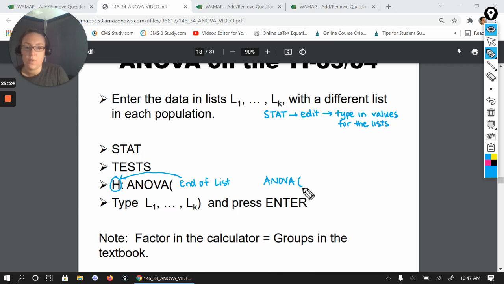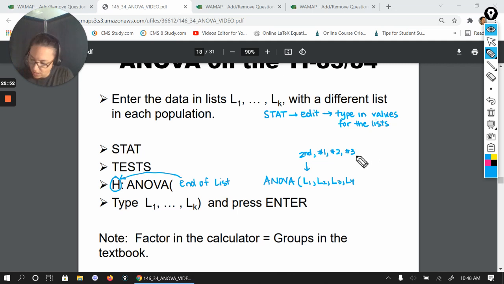And what you're going to do there is you're going to type in all of the list numbers separated by commas. So you can find L1, L2, L3, L4 by clicking your second button, and then choosing the numbers 1 or 2 or 3 on your actual calculator.